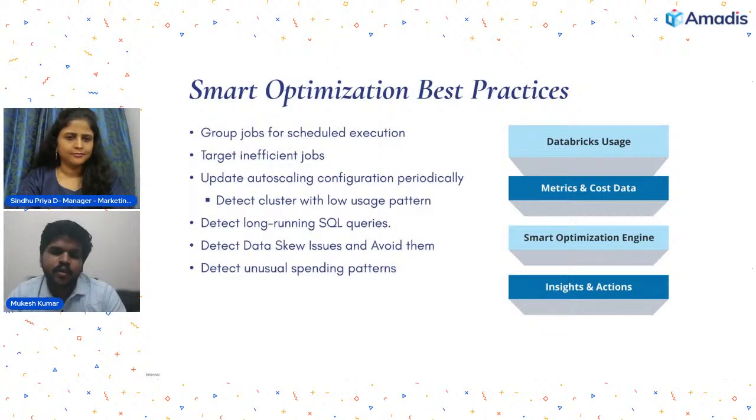Later, the requirement got reduced and it went unnoticed, and the current auto scaling configuration we have set up is for 8 nodes to 4 nodes. These kinds of auto scaling configurations we have to update periodically, and this can be detected based on cluster usage patterns.